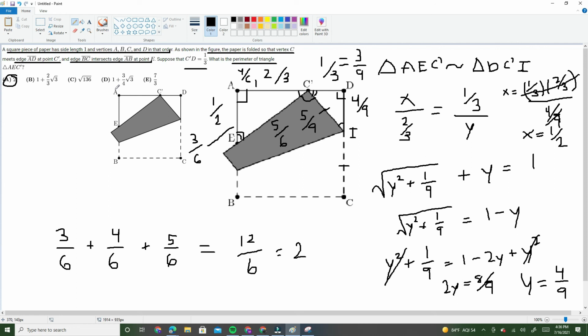Now this problem was not too difficult. We just applied our simple geometry practices and just did a little bit of algebra to solve for those lengths. But this problem was not too unique, not too crazy. This is honestly a pretty standard AMC 10 level geometry problem, and you can probably find many other problems like this that have shown up on AMC 10 exams for the past couple of years.